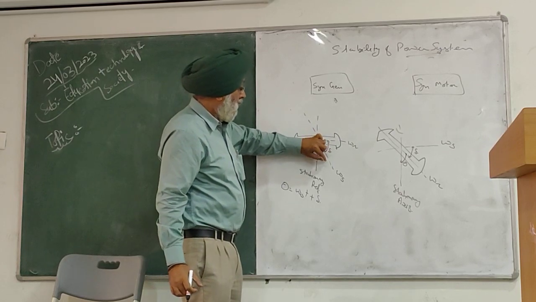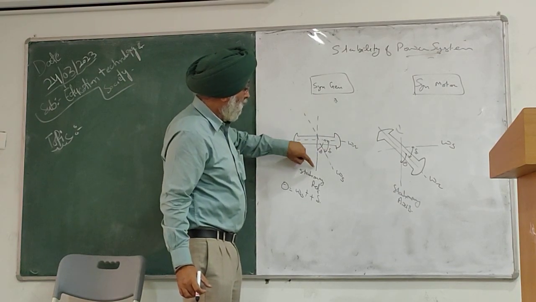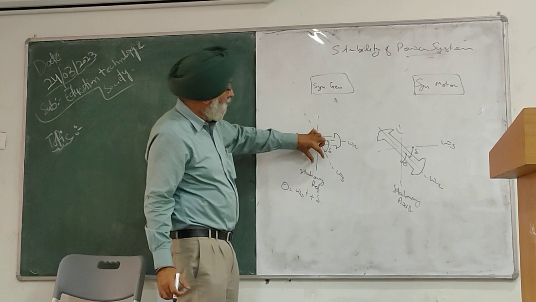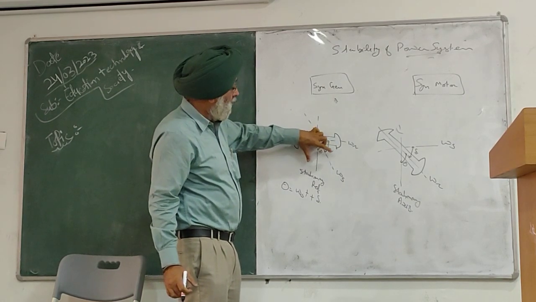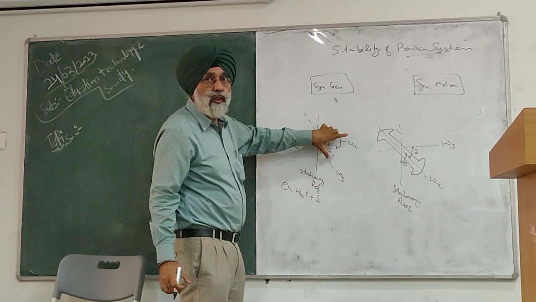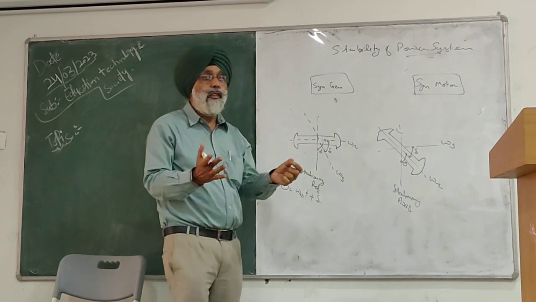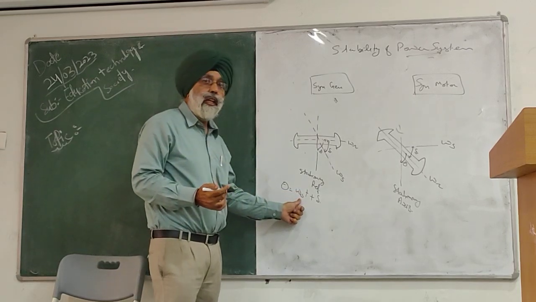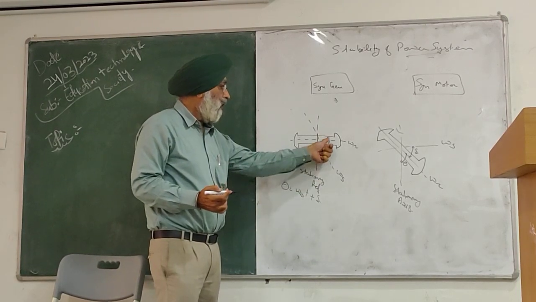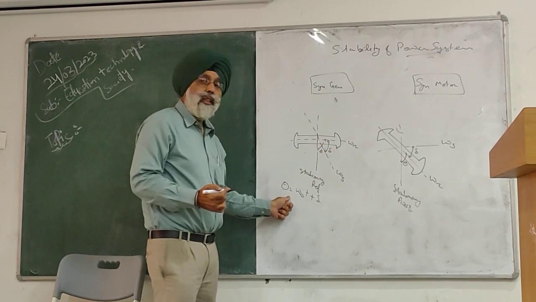It is continuously revolving with respect to the stationary axis, so this angle is continuously increasing. This is the angular distance; linear distance is equal to velocity into time. Similarly, this distance is equal to omega s into t plus the angle delta, and that gives theta.